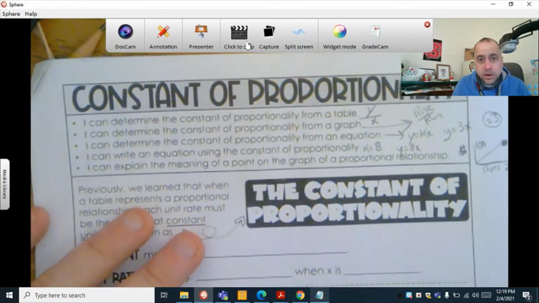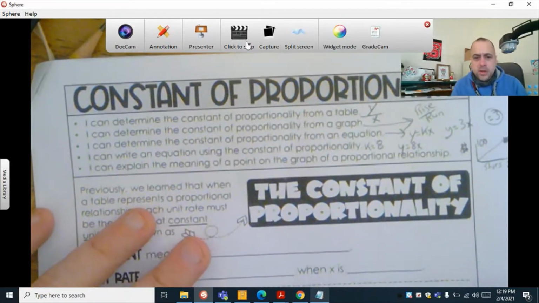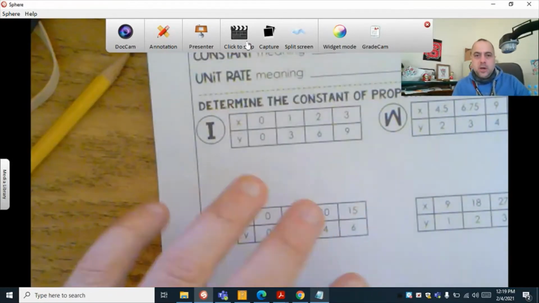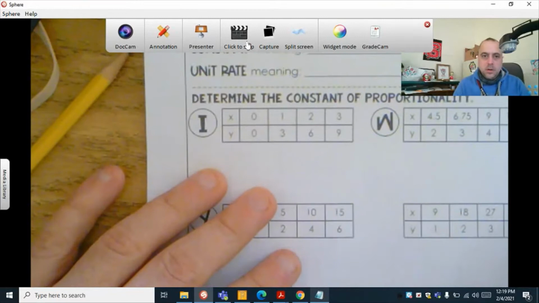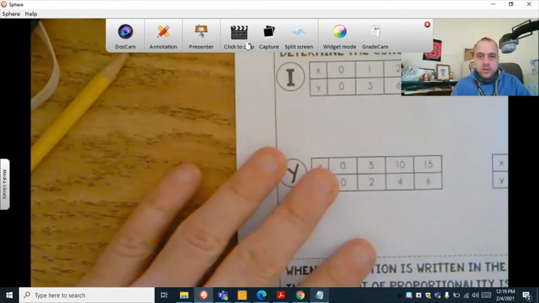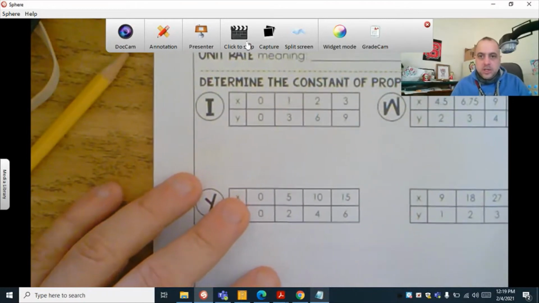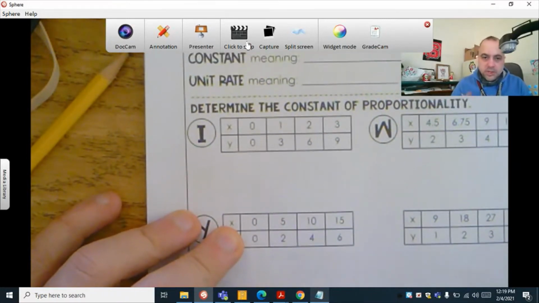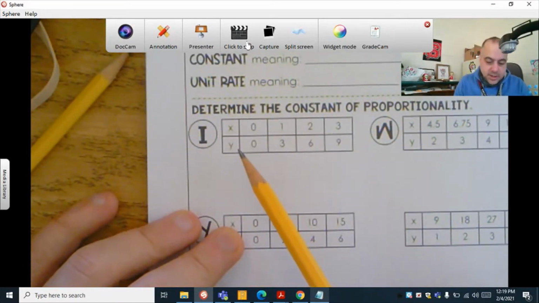We've done this before. This is a review, but we did it a long time ago. So let's get into more detail on the homework. Okay, let's go right here. Determine the constant of proportionality. Now this is a table, right?